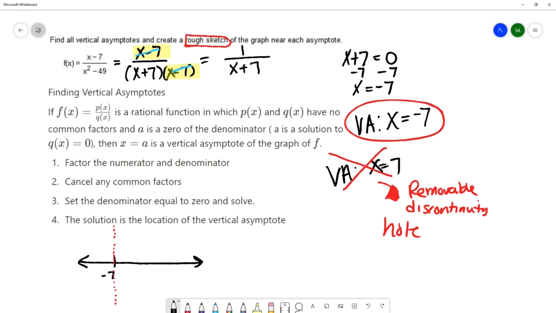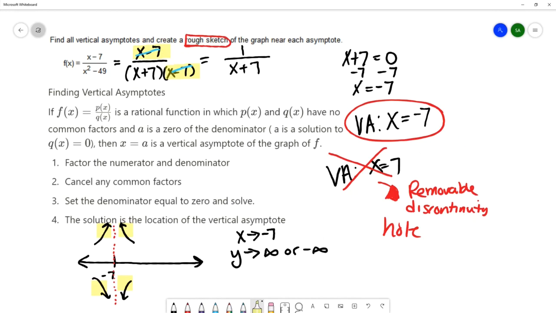For the definition, we know that as x is approaching that number, in this example negative 7, y is either going to approach infinity or negative infinity. So I know that the graph will go to infinity or it will go to negative infinity. It's not going to be all four of these.